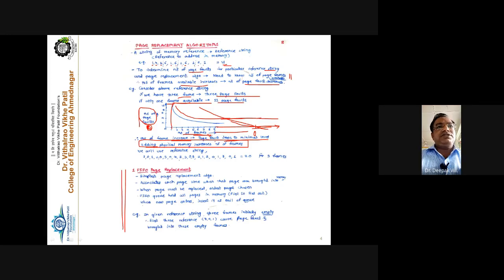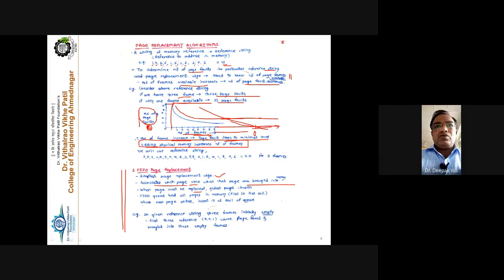So the first algorithm is your FIFO, that is first in, first out page replacement algorithm. It is the simplest page replacement algorithm. It associates with each page the time when that page was brought into the main memory. When you need to replace a page, which page is to be replaced?